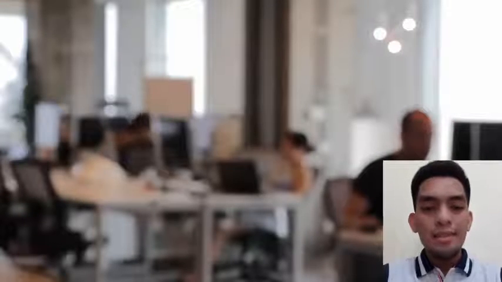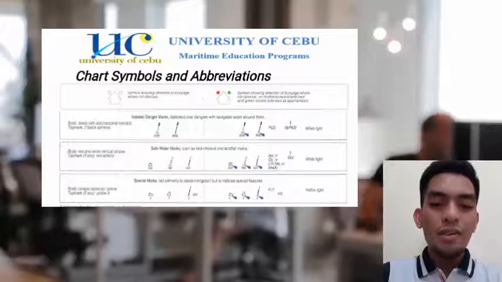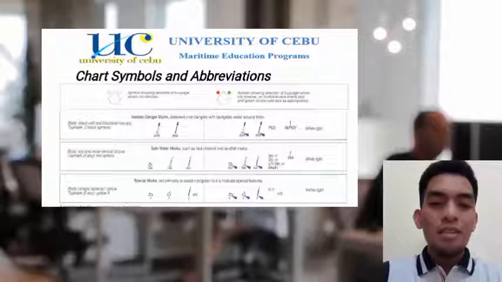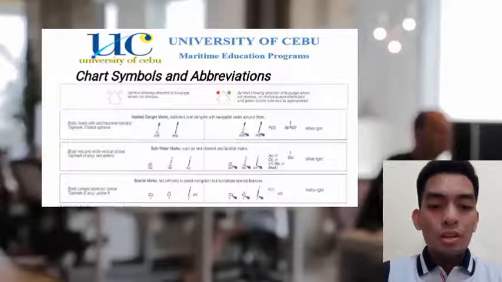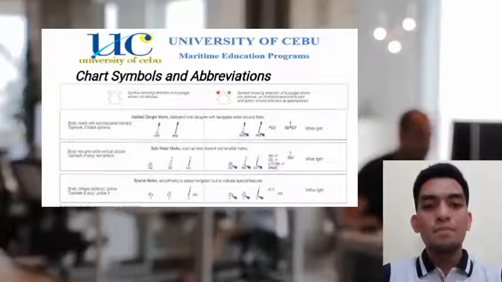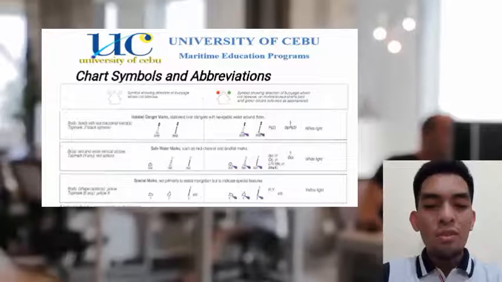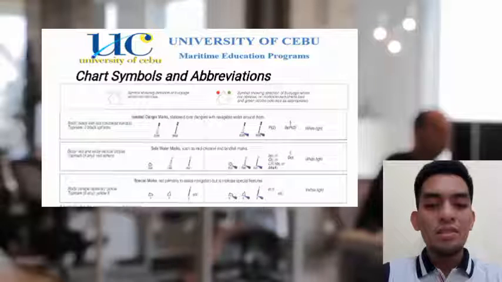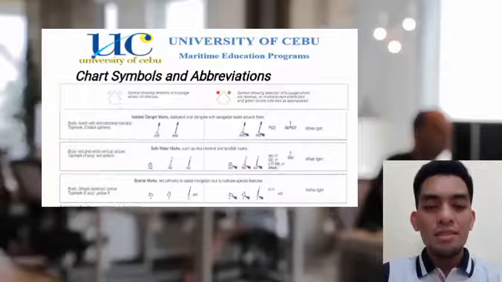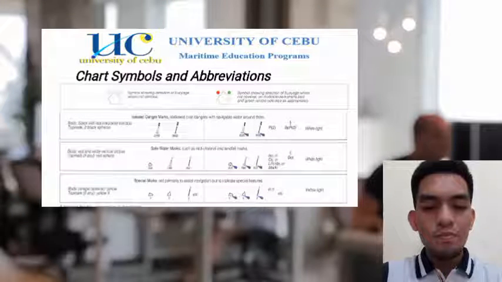So next slide. These are the charts and symbols abbreviations. Under isolated danger marks: stationed over dangers with navigable water around them. Each buoy is black with red horizontal bands and the top mark is 2 black spheres, with a group flashing 2 with white light.